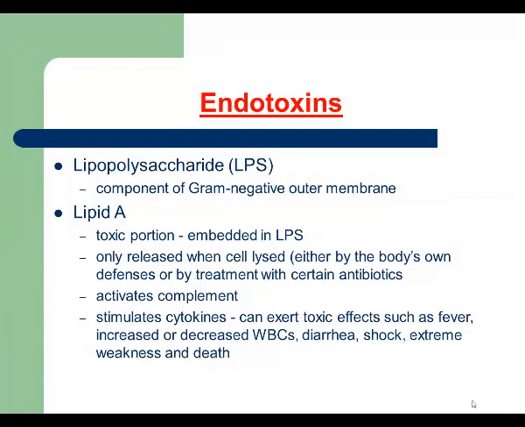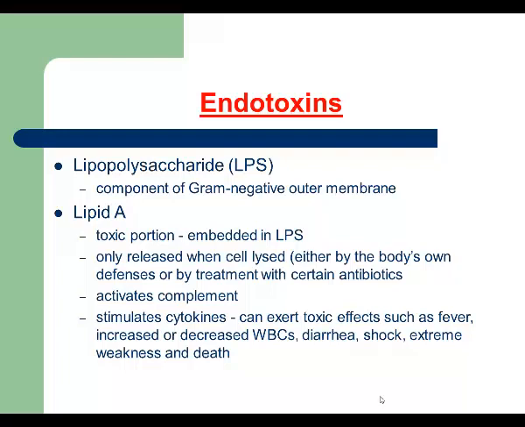On this slide, once again, you see the main characteristics of endotoxins. This type of toxin is called endotoxin because it is part of the cell's outer membrane. It's the lipid A portion of LPS. Endotoxins are released only when the cell is destroyed, for example, when we use antibacterial drugs, antibiotics, for treatment.